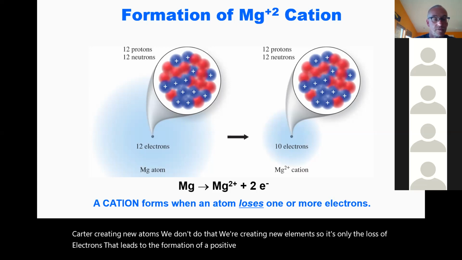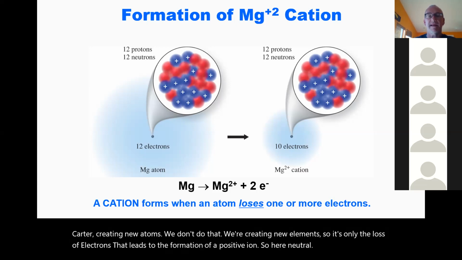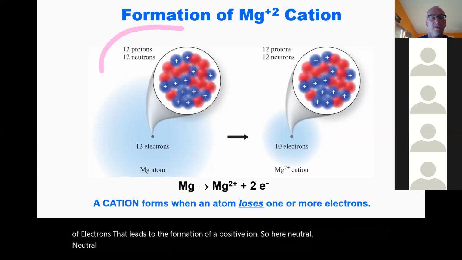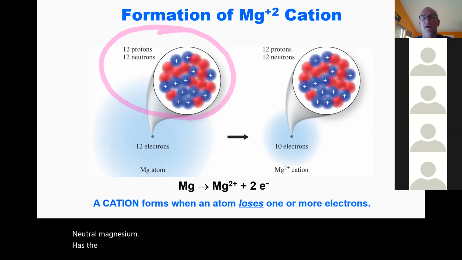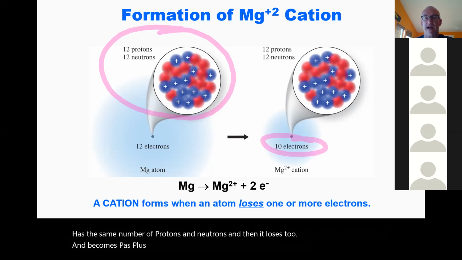So here, neutral magnesium metal has the same number of protons and electrons. And then it loses two and becomes a plus two cation. And believe it or not, this is actually more stable.